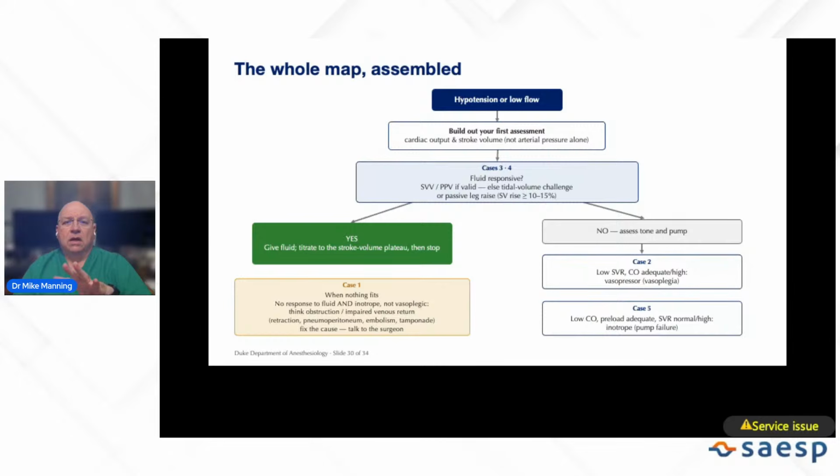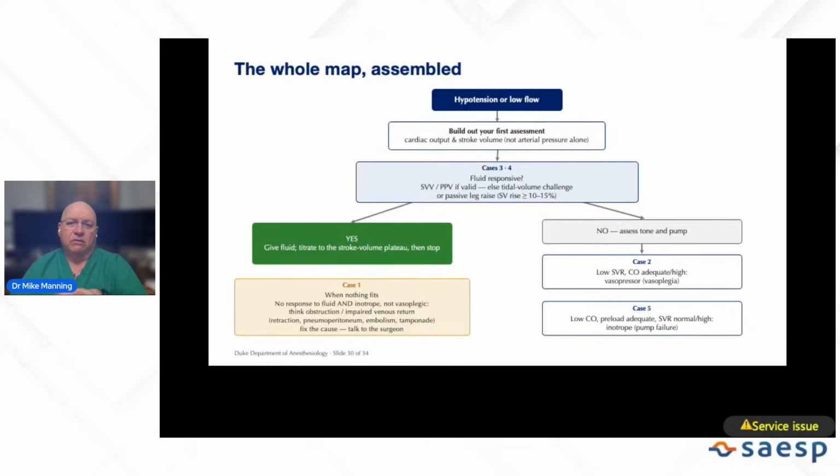So again, when you look at these flow charts and how we manage patients, cases 3 and 4 were volume responsive. So stroke volume and pulse pressure variation was the way to target that. Case 1, when nothing else fits, then you can say, okay, there's something else going on, and we can interrupt the surgeon, and found that there's something actually going on in the field.